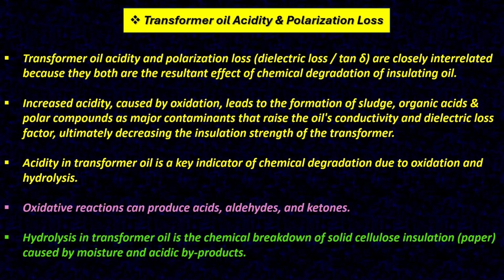Acidity in transformer oil is a key indicator of chemical degradation due to oxidation and hydrolysis. Oxidative reactions can produce acids, aldehydes, and ketones. Hydrolysis in transformer oil is the chemical breakdown of solid cellulose insulation, that is kraft paper, caused by moisture and acidic byproducts.